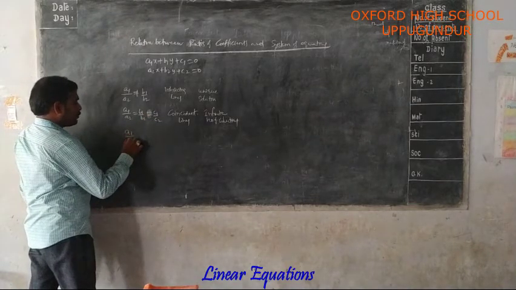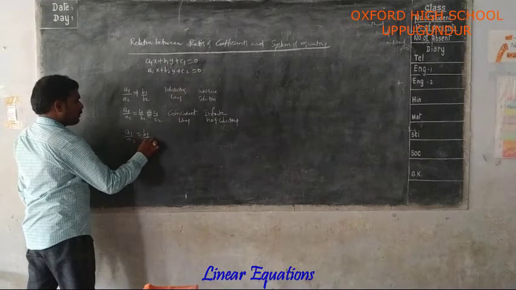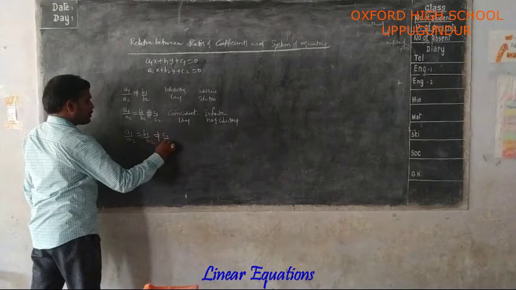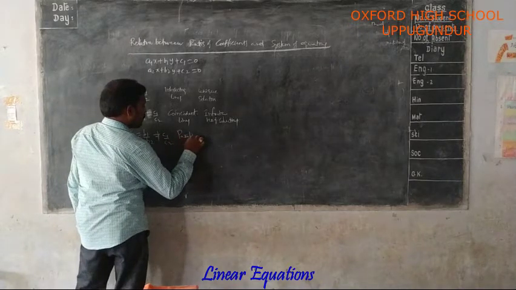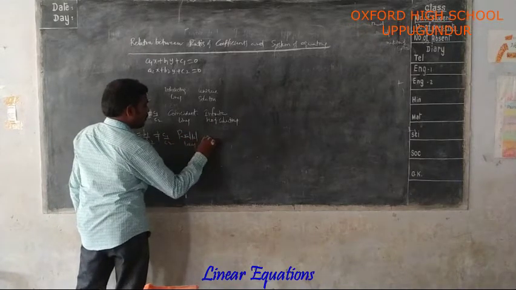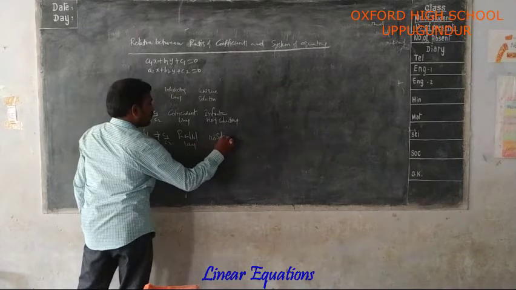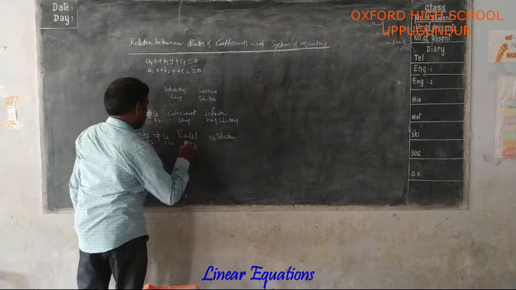If a1 by a2 equal to b1 by b2 not equal to c1 by c2, you will get parallel lines and no solution.